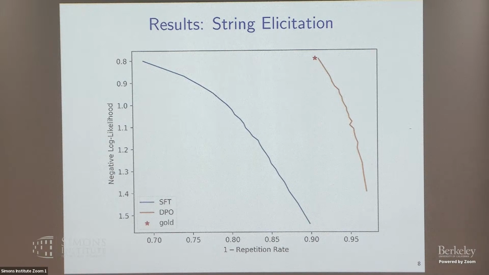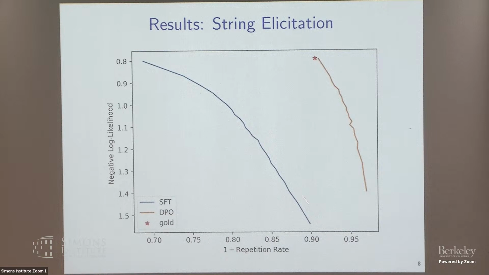And then we can look at different models. We can trace out a Pareto frontier where if I take k samples from the model, I can sort them by their log likelihood. And the ones that are higher tend to also be more repetitive. So that's why you get this Pareto frontier: I can generally make it more likely that I'll elicit the suffix if I'm okay with higher repetition.